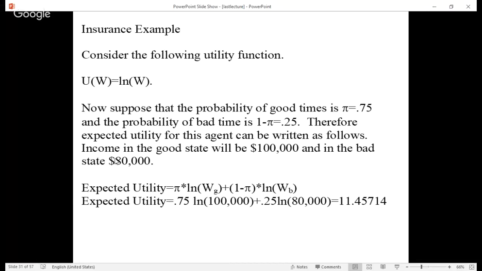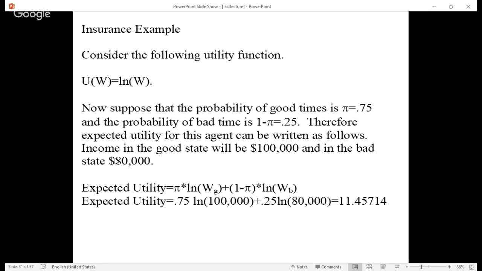So the expected utility of an agent, if income in the good state is 100,000 and income in the bad state is 80,000, I can write as pi times the natural log of wealth in the good state plus 1 minus pi times the natural log of wealth in the bad state. I substitute 0.75 and 0.25 in for pi and 1 minus pi, and I get a number for my expected utility, 11.45714.